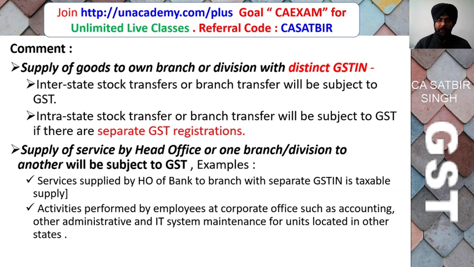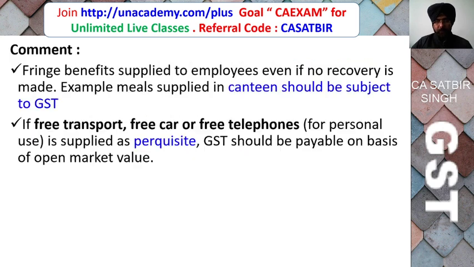Certain activities are performed at the head office, like software purchased which is commonly used by all the branch offices. GST is required to be paid on this transaction. Although it will not be reflected in the books of account, and no journal entry will be passed, GST will be paid on these services provided by the head office to branches having separate GST numbers.